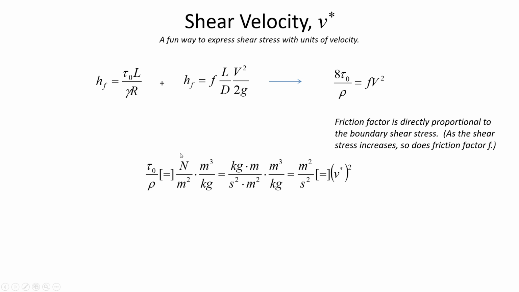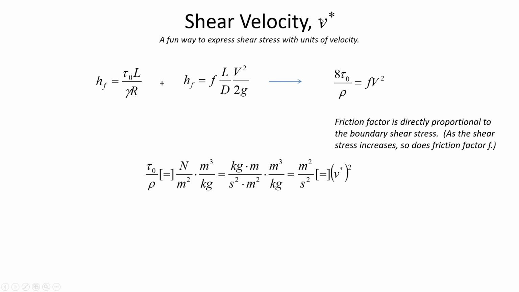Then we break down what a newton is. A newton is a kilogram meter per second squared. And so we just keep breaking things down to their base units and then cancel out. What we end up with is that this expression on the left, shear stress divided by density, has units of meters squared per second squared.